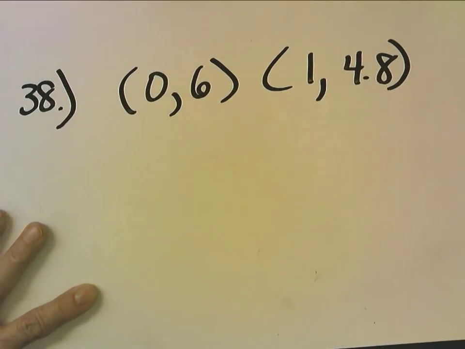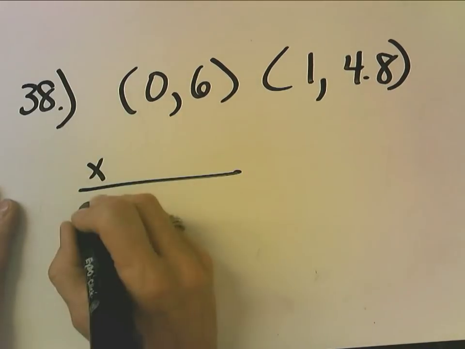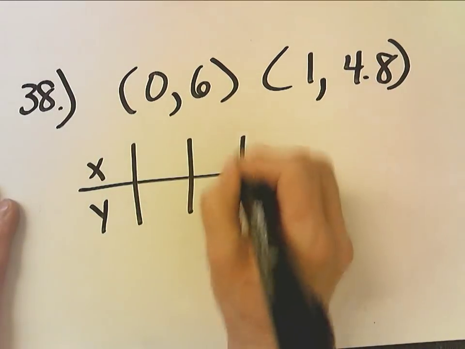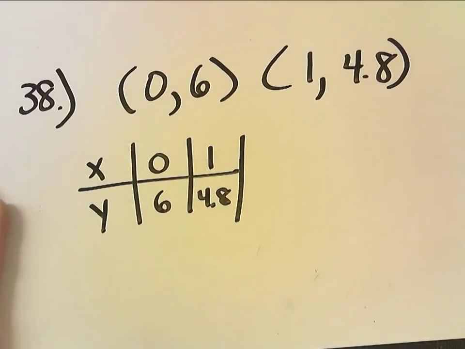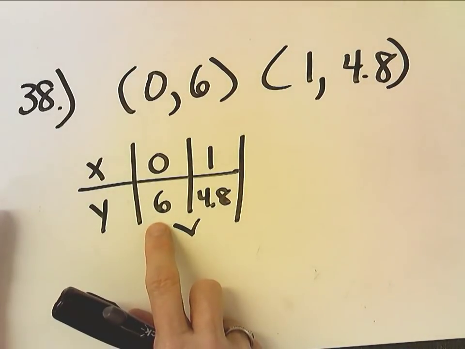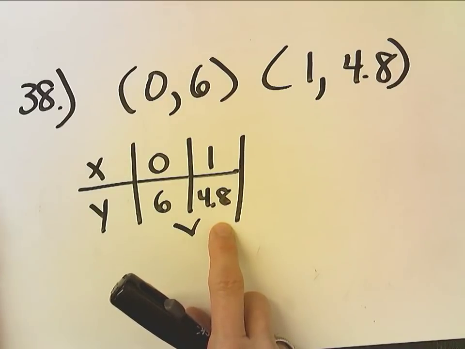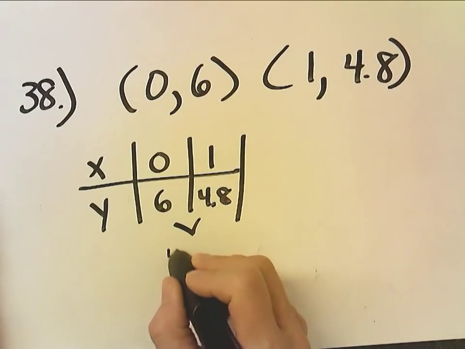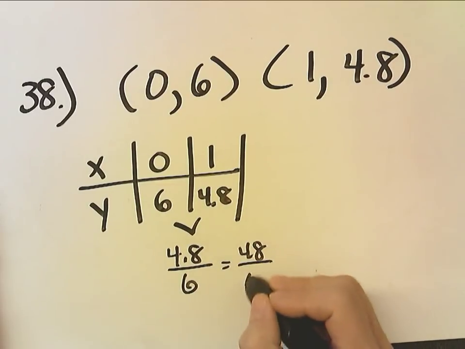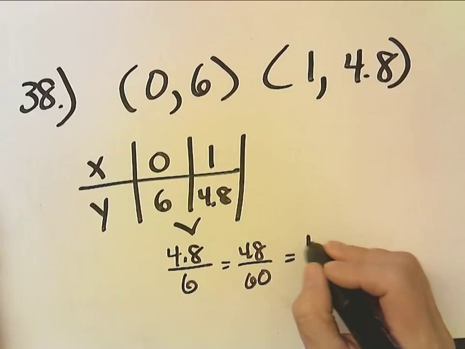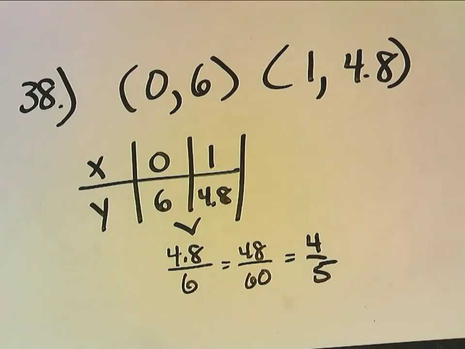Now, 2 different ways to do this. One way is we can make up a little chart. (0, 6), (1, 4.8). Okay, so what do I multiply 6 by to turn it into 4.8? Well, all I have to do is put 4.8 over 6, and that's 48 over 60, and that's 4/5. So I could either write 4/5 or I could write 0.8.